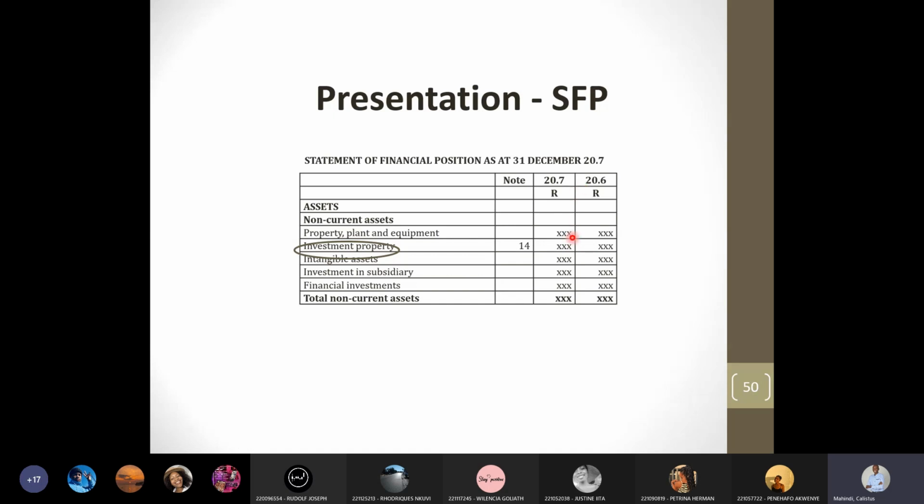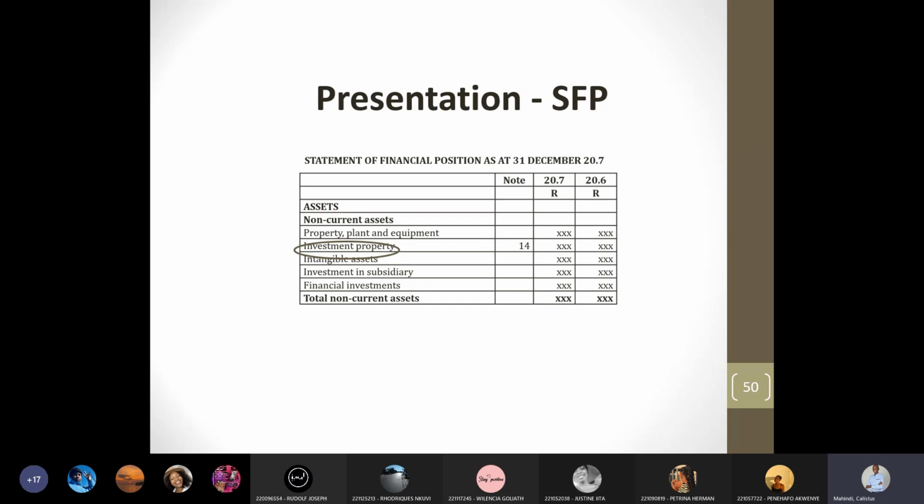One thing that is important to note, you're only going to show one line item, just like PPE. And you have your other non-current assets. You might have items such as intangible assets, investment in subsidiaries, and financial investments. So that is how investment property is presented in the statement of financial position.